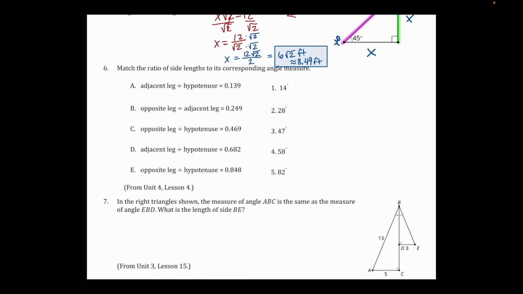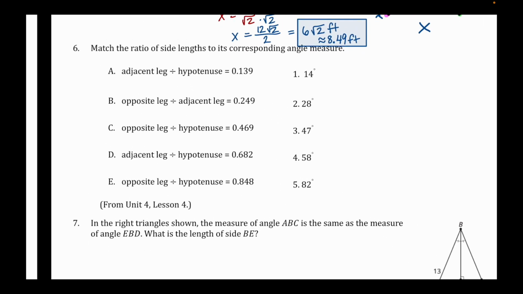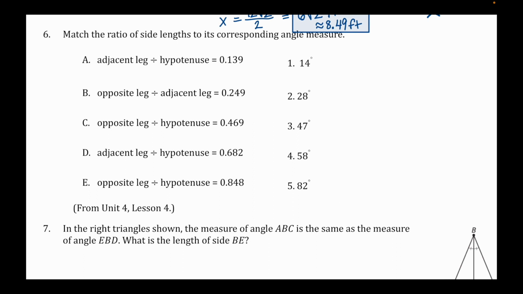Okay, so we only have 2 left. We have 6 and 7. So question 6, we want to match the ratio of side lengths to the corresponding angle measure. This is a little bit of a throwback to not using sine, cosine, and tangent, but using our table. And technically, you could use a scientific calculator to do this.